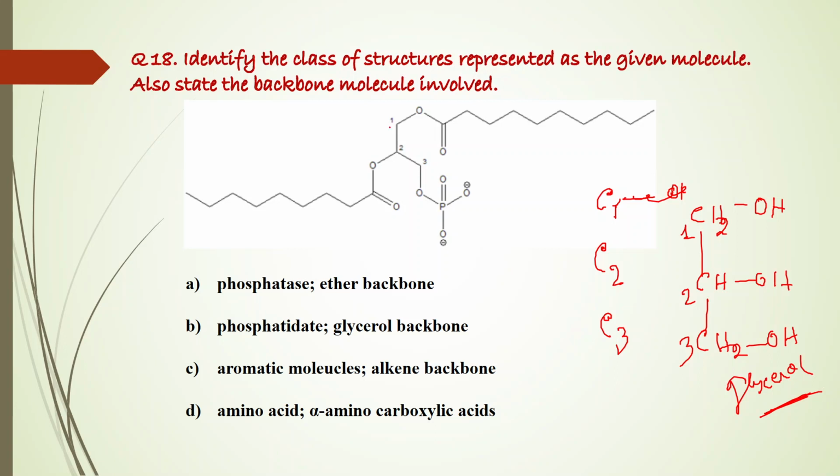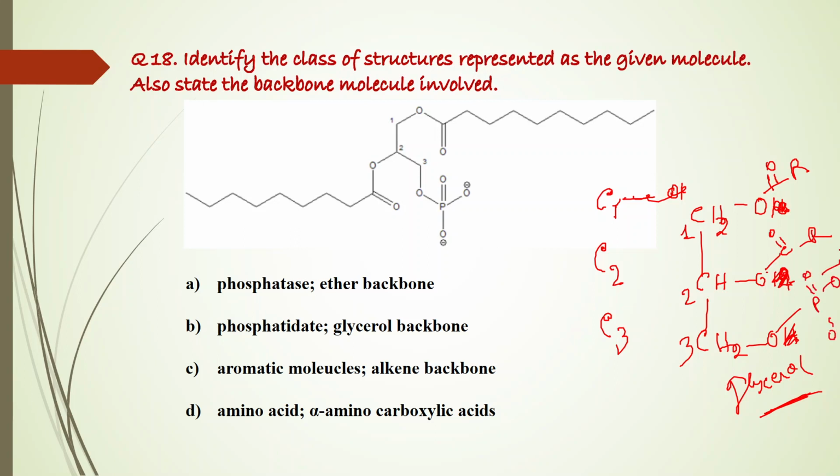So in this case, number 1 carbon and number 2 carbon, those two OH groups are attached with a fatty acid chain via ester bond formation, OCOR. This has also become OCOR in the structure. So these two sites are already occupied by fatty acids, and the third site has been occupied by a phosphate group.